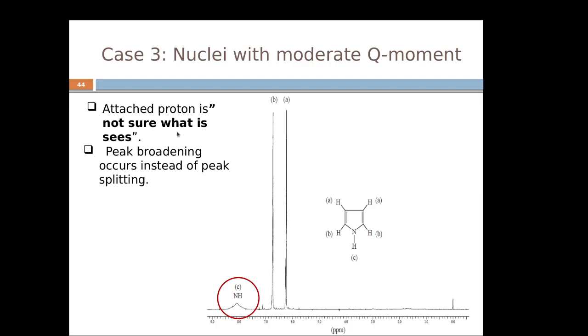It gets confused and cannot distinguish whether it sees the individual nuclear spin states of the quadrupole moment nucleus or the time average view of the nuclear spin states of the nucleus, okay.